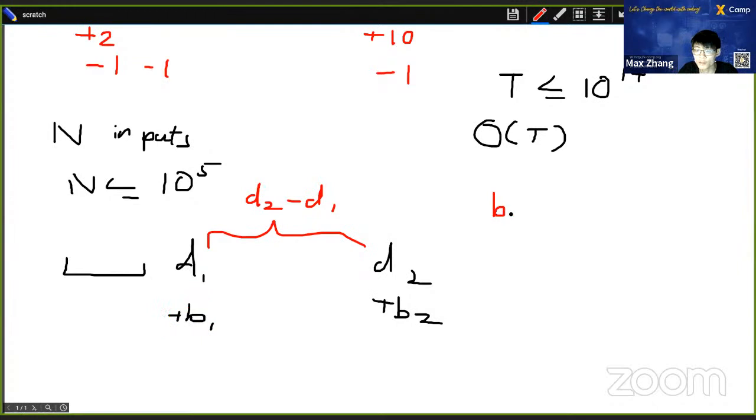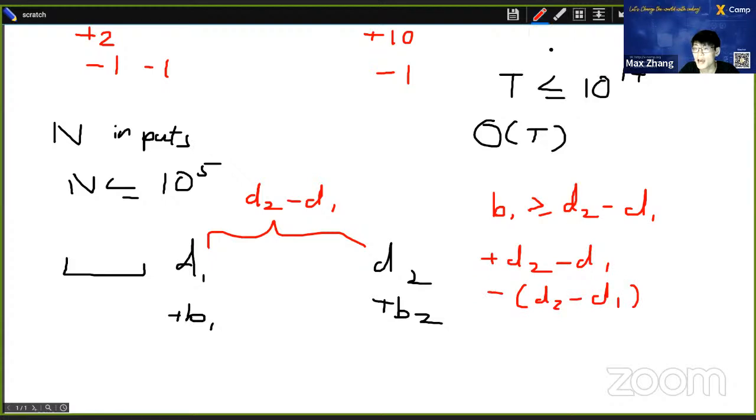So if B1 was greater than or equal to D2 minus D1, then we are able to eat a hay bale on each day. So we simply add D2 minus D1 to our answer, and then we subtract that much from our supply.